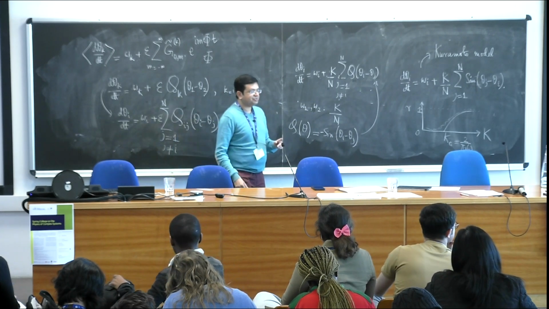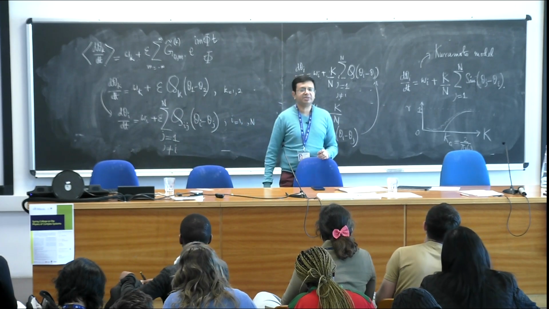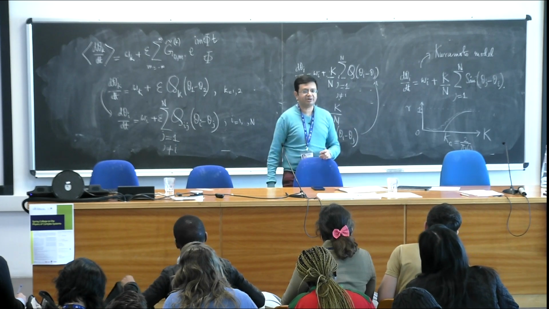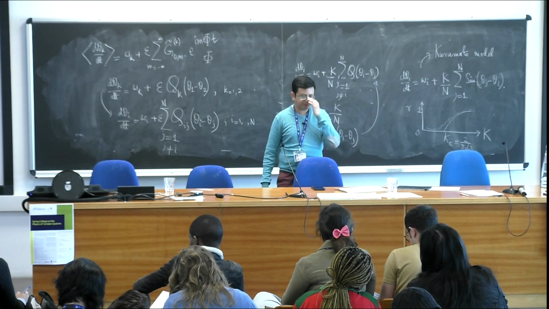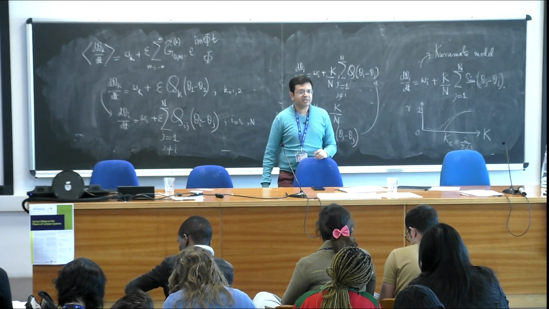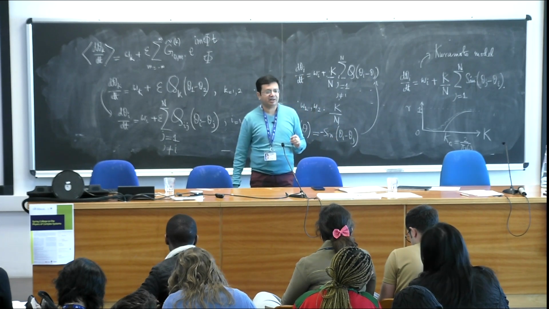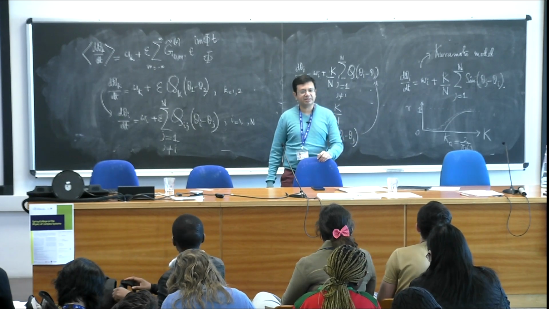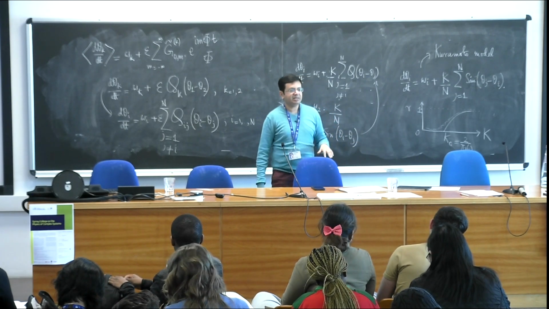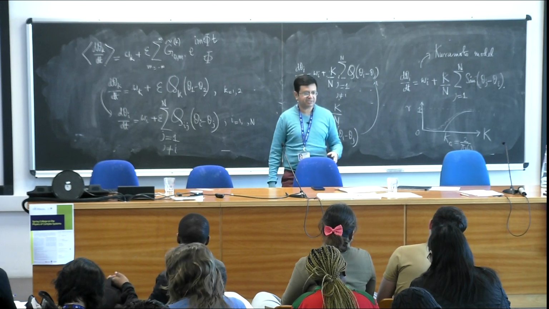I strongly urge you to read a very nice review that Strogatz wrote on this subject. It's there in the list of references that I provided in my first lecture. It's a 20-page article. It's called From Kuramoto to Crawford and something, but it gives a very nice idea and an overview of the field of synchronization.